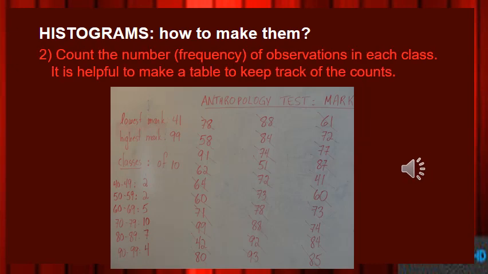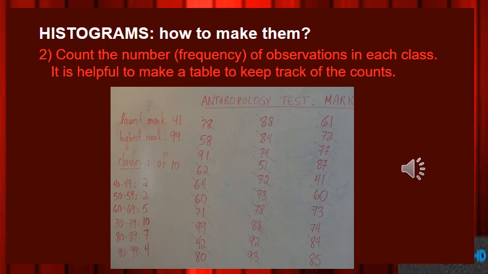Then my second step will be to count how many students fall into each of the classes. For example, here I have 2 students who got between 40 and 49%. 2 students have between 50 and 59%. I have 5 students between 60 and 69%.